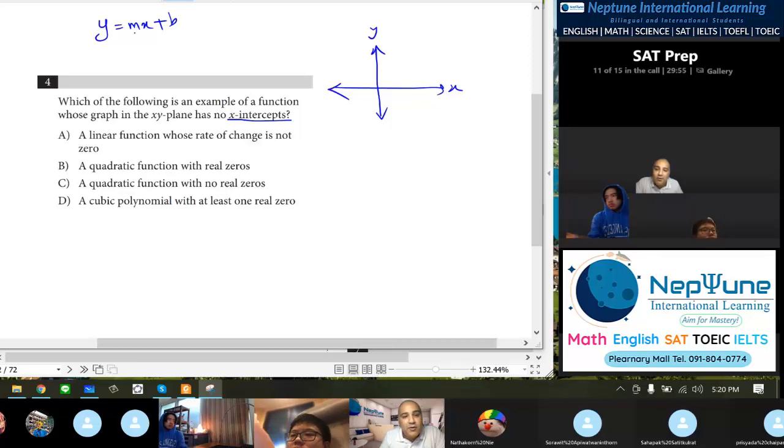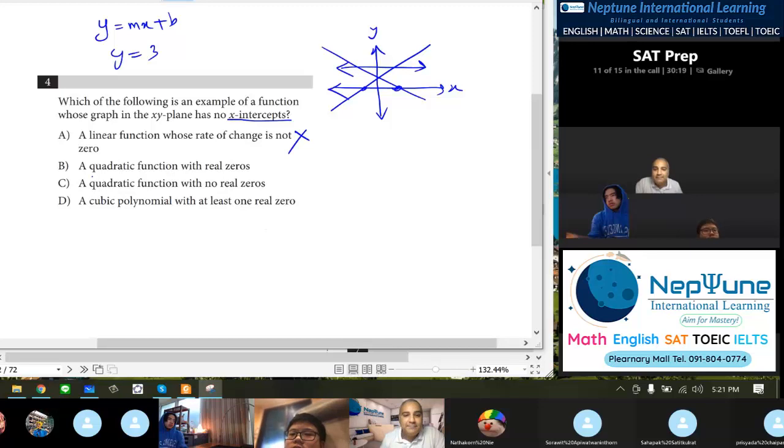So it's 1 or 2. If it's 0, I can give y equals 3, and y equals 3 has no x-intercept, but it says it's not 0. So it's going to be like this, like that. Eventually I'm going to get an x-intercept. So that is not the answer.